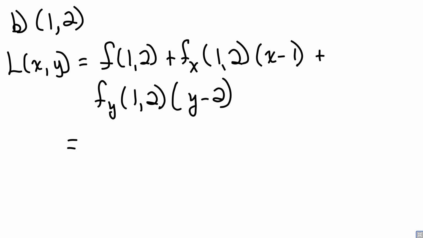Now, if we evaluate the function at 1, 2, what value do we get? 25. Okay. Plus, if we evaluate the partial with respect to x at 1, 2, is it going to be 0?